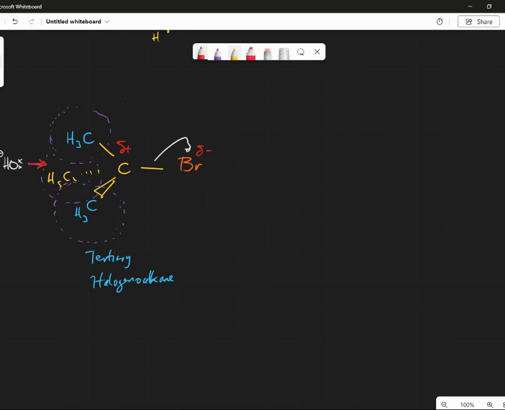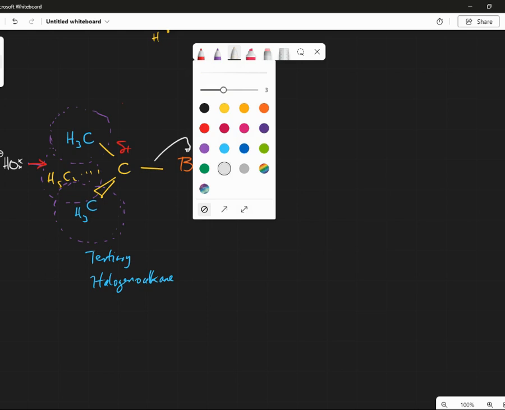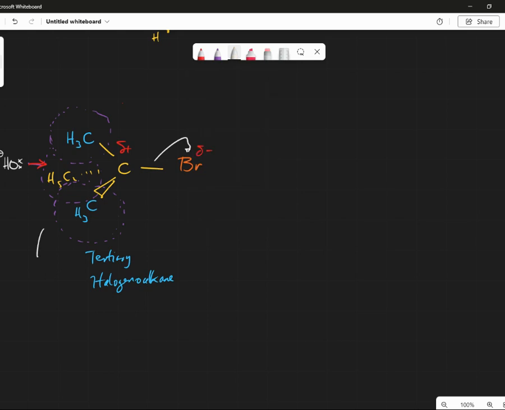Right, now when there's things literally in the way, that's called steric hindrance. To hinder means to prevent, or to make harder.